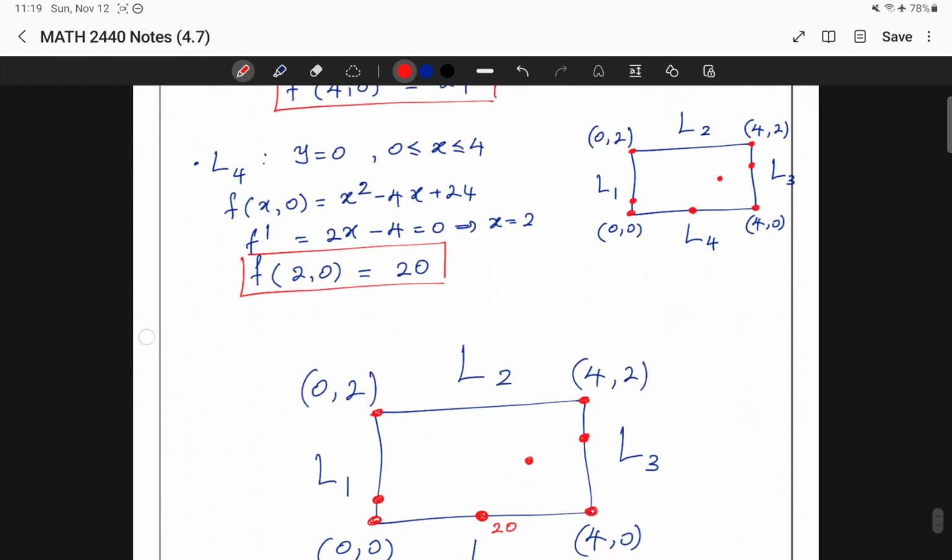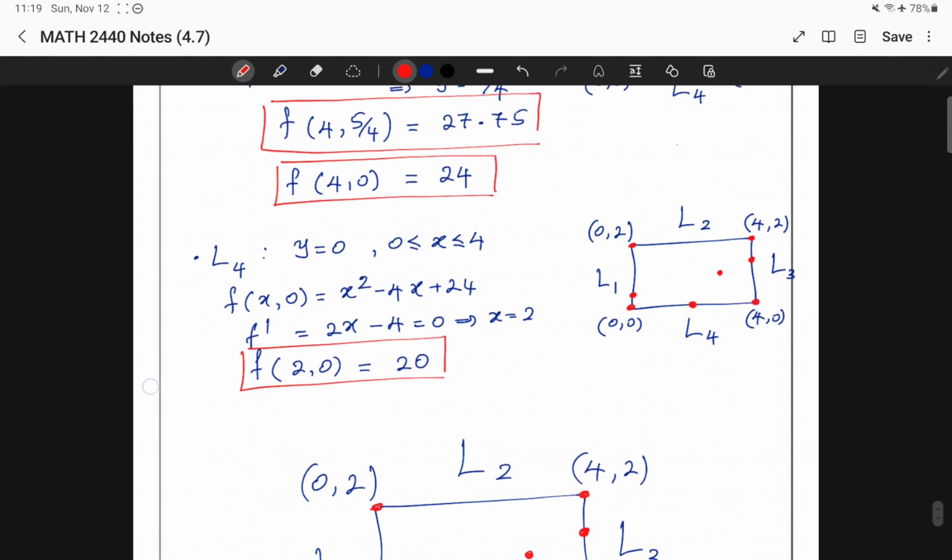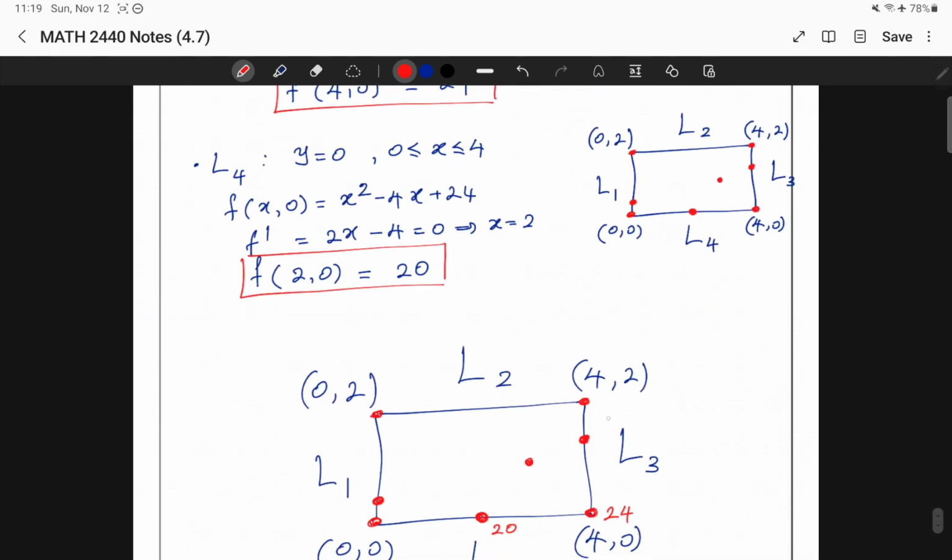At (4, 0), it's 24. At (4, 5/4), 27.75. Likewise, I'm going to fill all these points with the function values we found earlier. So this was a 20, this was a 36, 23.75, (0, 0) was a 24, and the middle critical point was 17.